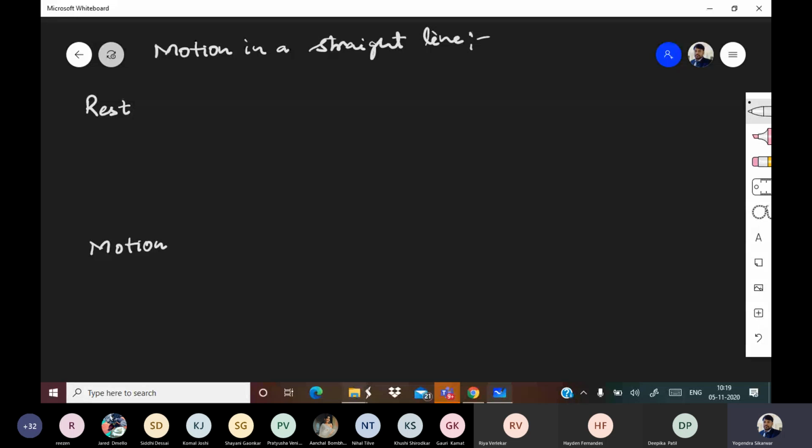So now using this understanding, let us define rest and then let us define motion.